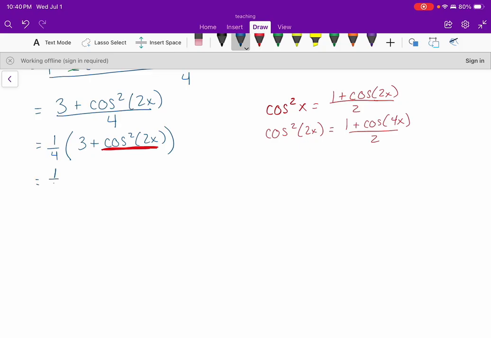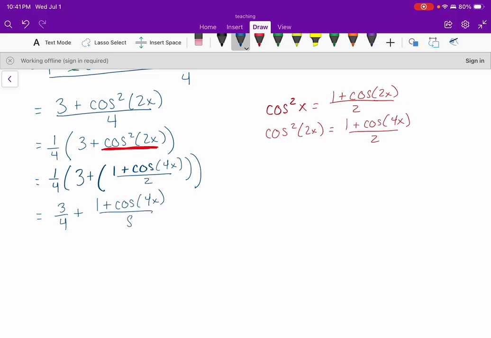So I get 1/4 times 3 plus 1 plus cosine 4x divided by 2. I'm going to multiply my 4th back in, so I get 3 over 4 plus 1 plus cosine 4x over 8, because 4 times 2 gives me an 8 in that denominator.